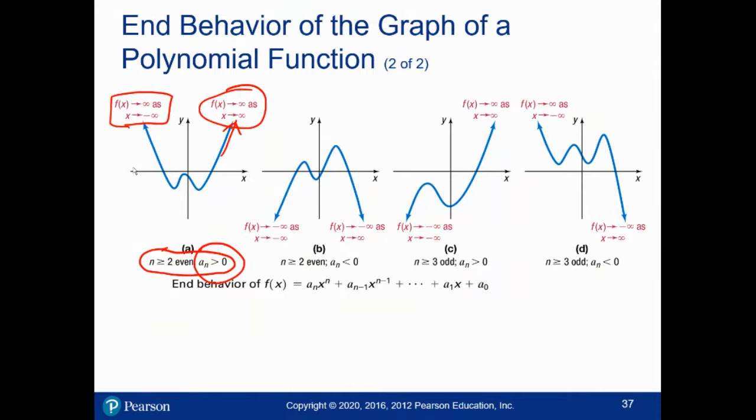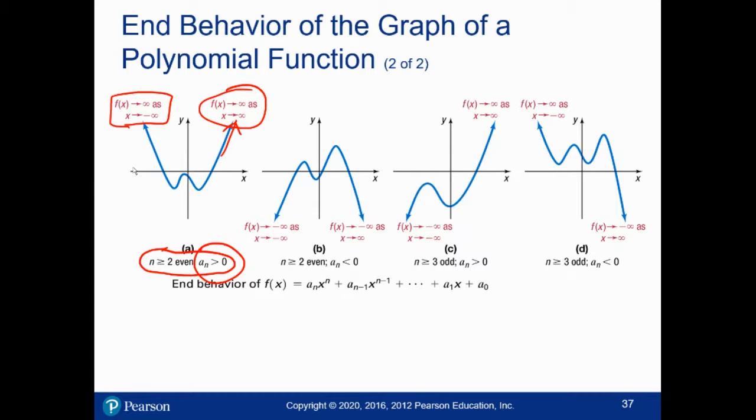But if you have a bunch of terms of smaller powers, so suppose you have an x squared, an x cubed, and x to the fourth, and then you have an x to the 10th. If you're plugging in really, really big numbers, then I have first power, second power, third power, fourth power, and 10th power. That 10th power is ridiculously larger than anything else.